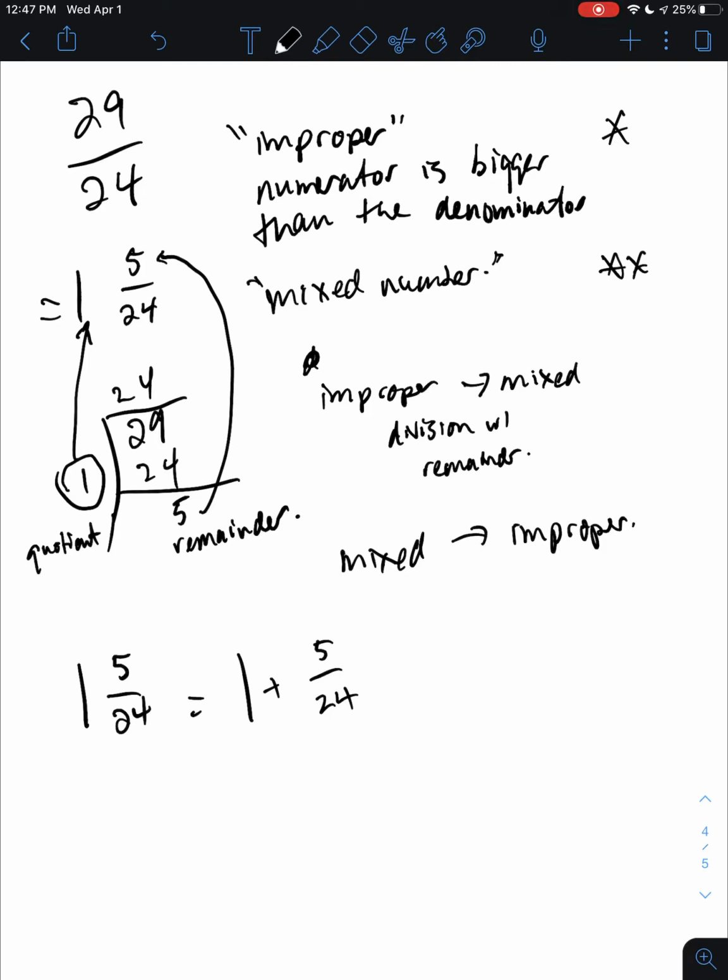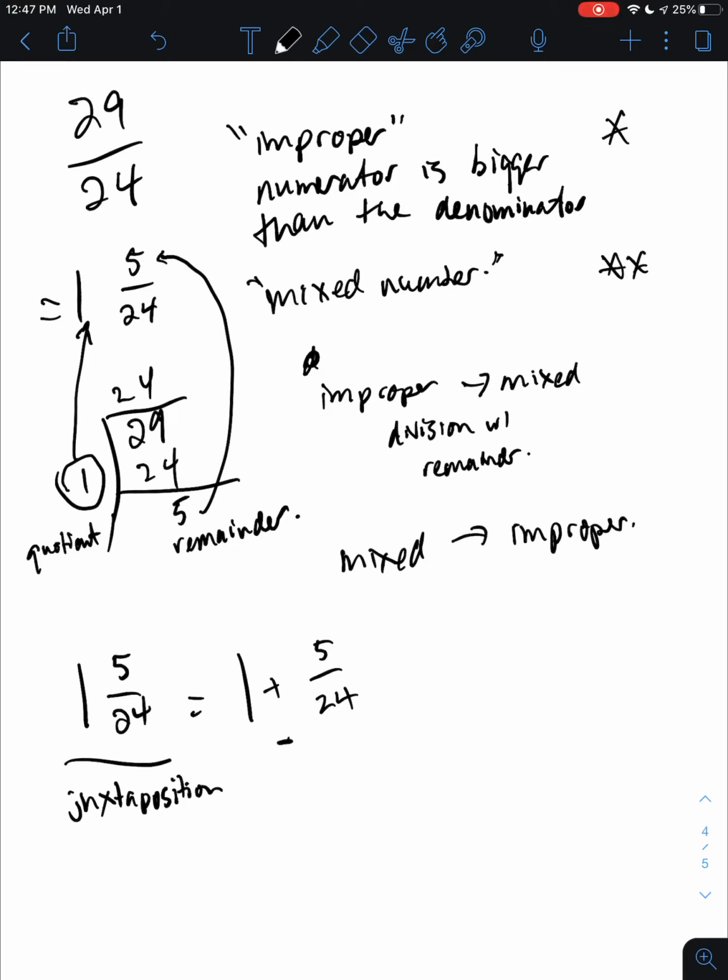Usually when we juxtapose something, juxtaposition is when we just put two things side by side. So we have a 1 and a 5/24 side by side. Usually that means multiply, but in this context it means add. So that's why this is the addition of two things.